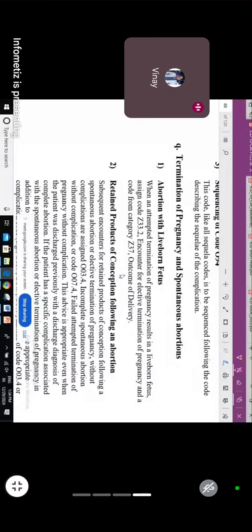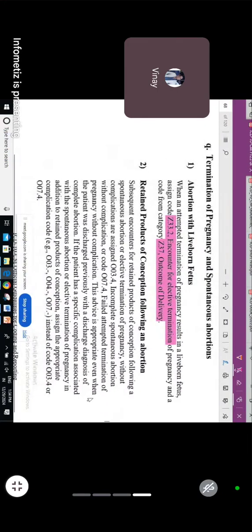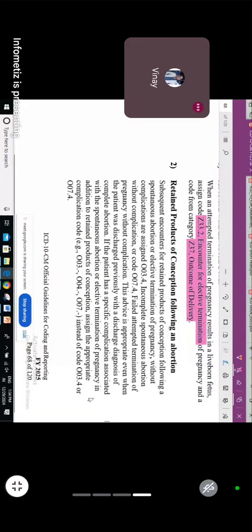Termination of a pregnancy and spontaneous abortion. Z33.2 encounter for elective termination. Okay. And Z37 outcome of a delivery. Two codes we need. O03.4 incomplete spontaneous abortion without complication.